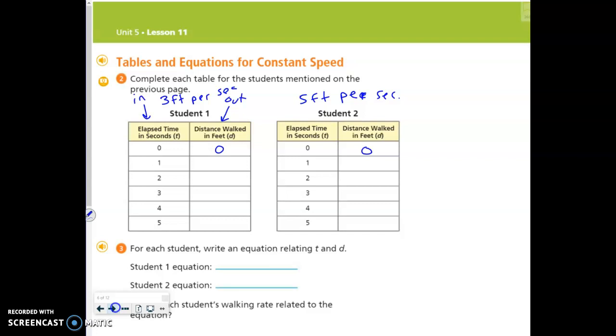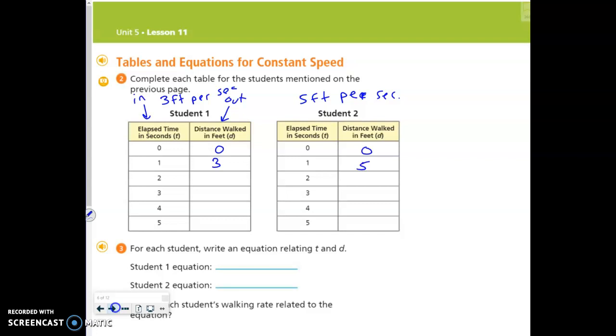All right. Now is where we're going to start to differ and branch off depending on the student we're dealing with. So after 1 second, student 1 will have walked 3 feet. So D in this case would be represented by a 3. The T would be represented by a 1. If I put a 1 into the second one, he's going to have walked 5 feet if he's only walked 1 second.